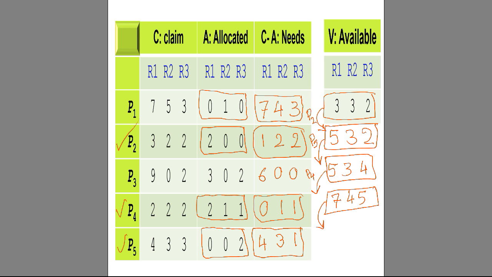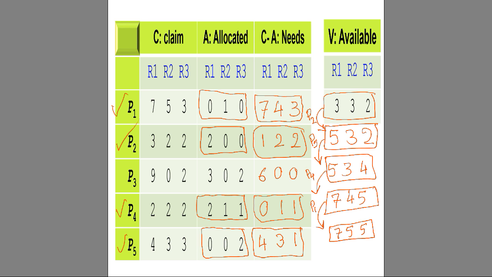So when P1 completes, we end up with 0, 1, 1 extra resources. Sorry, we get 0, 1, 0 extra resources on top of our 7, 4, 5, leading to 7, 5, 5. And P1 is done.